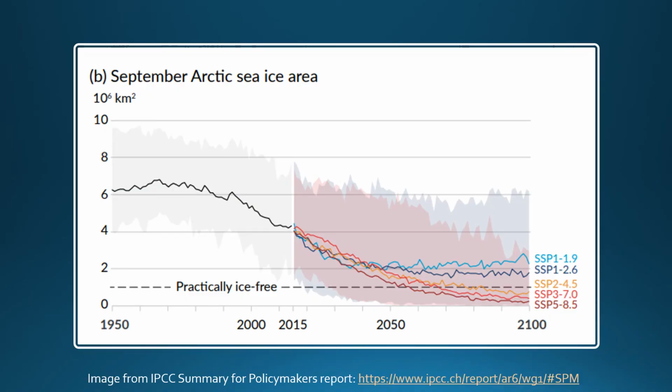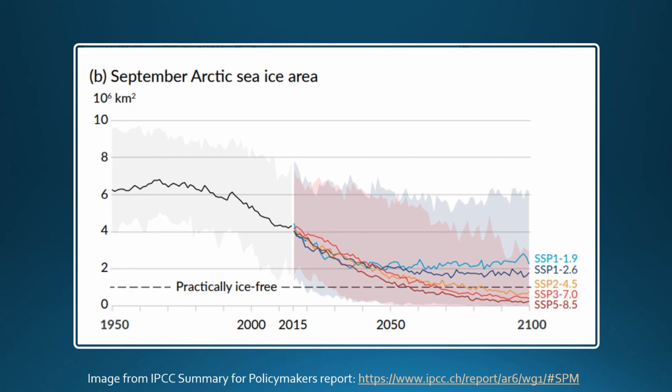These models also predict that Arctic sea ice, which is a resource that many Arctic animals rely on for nesting and hunting, will continue to decline in the years to come, and possibly it won't exist at all shortly after the year 2050.